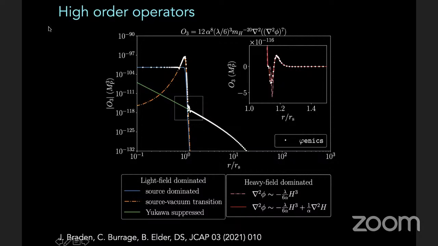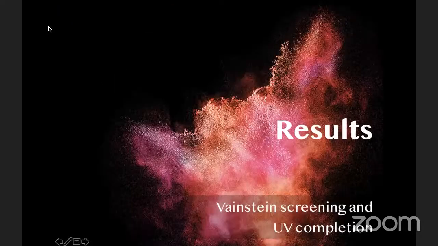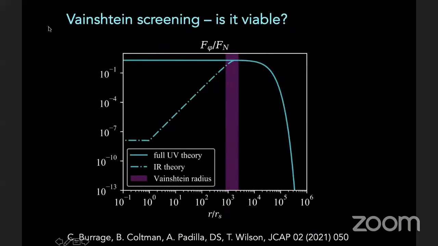Other questions? Okay. So results. Does it screen or not? The two theories look nothing like each other. So here I'm showing you the ratio of the scalar force to the Newton force for the IR theory and for the UV concrete theory. The IR theory is displaying quite strong screening.